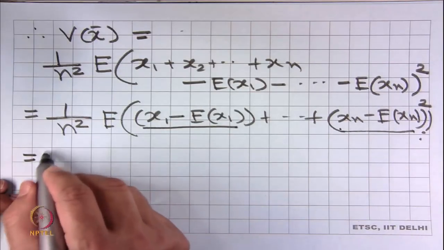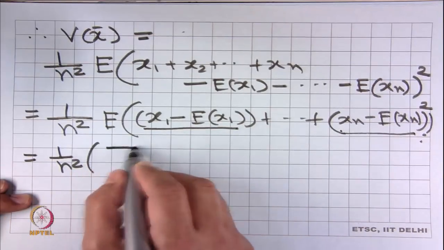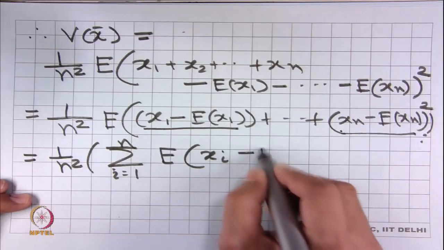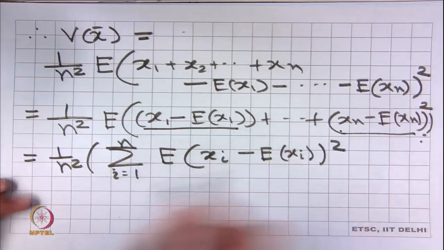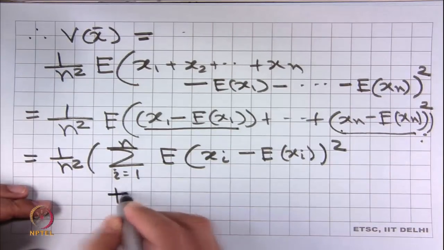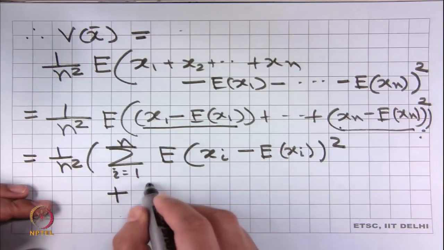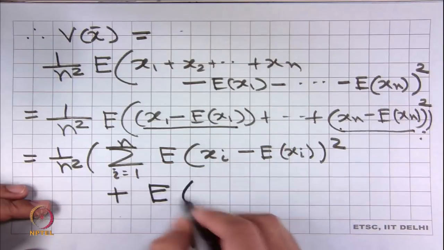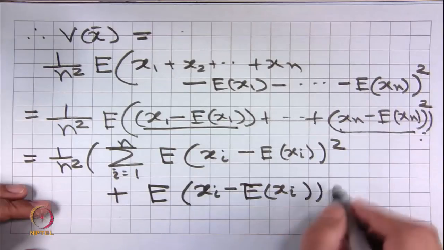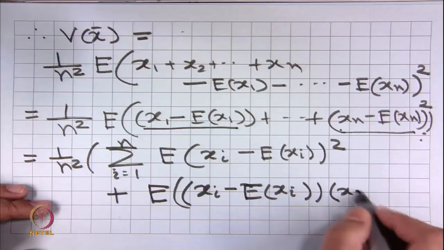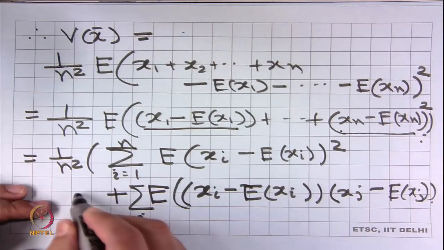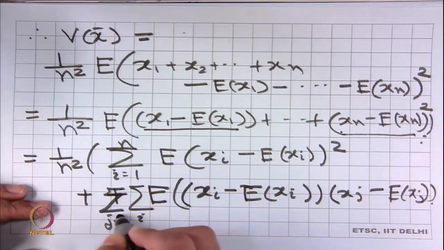This we can write as 1 upon n square into sigma i equals 1 to n expected value of x i minus expected value of x i whole square, because each individual term will be squared and contribute to the overall square, plus for each pair we get the expected value of x i minus E x i into x j minus E x j, and this we are summing over all i and all j not equal to i.